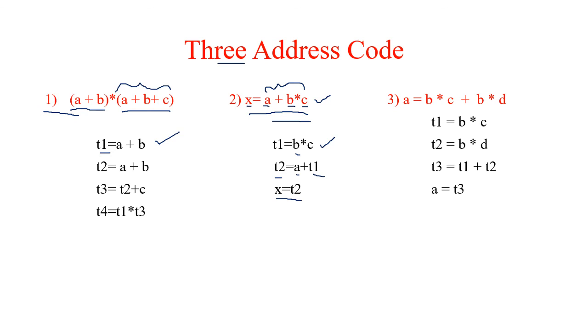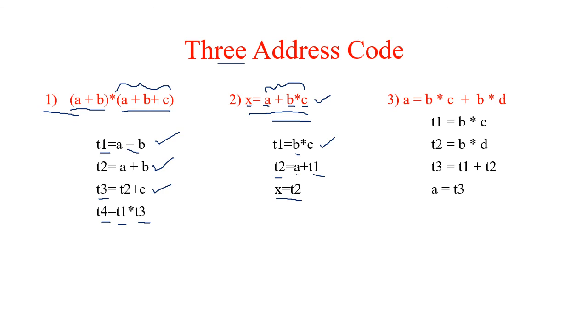So t2 is equal to a plus b, then t3 is equal to t2 plus c. So we got both a plus b and a plus b plus c. Now we can perform this star. t4 is equal to t1 into t3. What does t1 contain? a plus b. What does t3 contain? t2 plus c. So this is the three address representation of this statement.